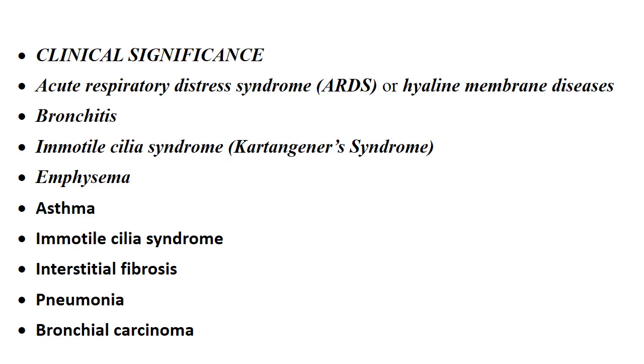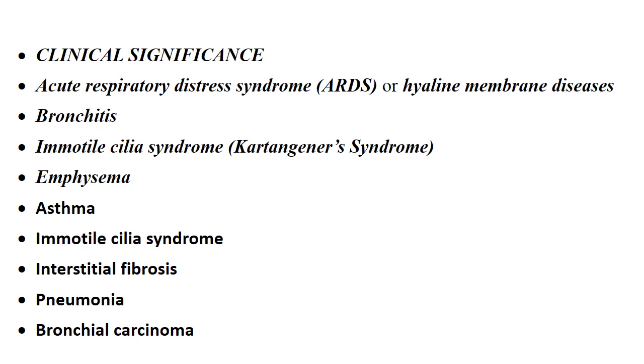We will briefly see some of the clinical aspects related to the lung. So the first condition is acute respiratory distress syndrome. We know that the fetal lungs become mature when surfactant appears in them, and when the lecithin sphingomyelin ratio of amniotic fluid reaches about 2 or more, at that time we say that the lungs are mature or viable.